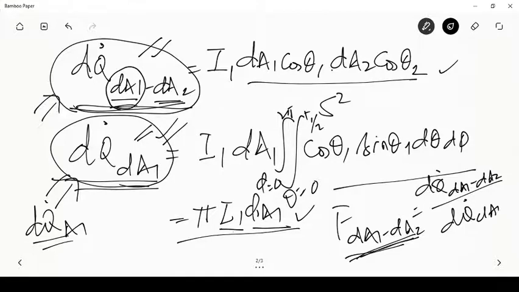So it will be A1 I1 pi if I1 is uniform over the area A. In the same way, this needs to be integrated over area A1 as well as A2. Okay, so there is a dA1 here, there is a dA2 here. It needs to be integrated over both of those areas in order to get the energy emitted from A1 to A2. And then the ratio of the two will give me F A1 A2.